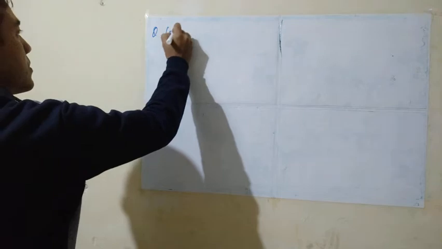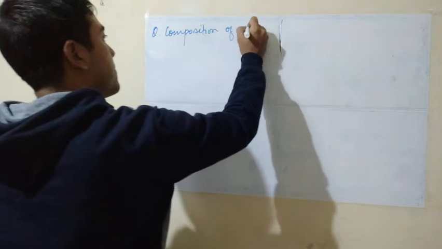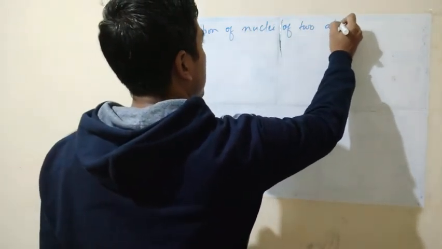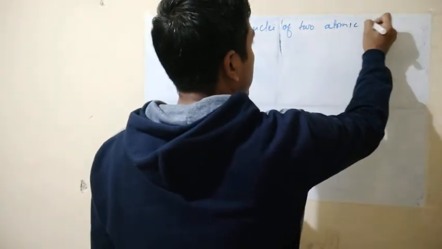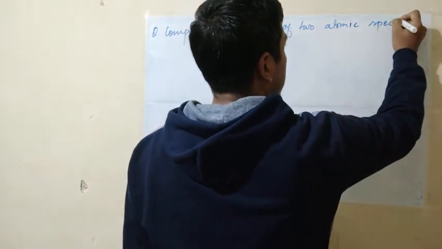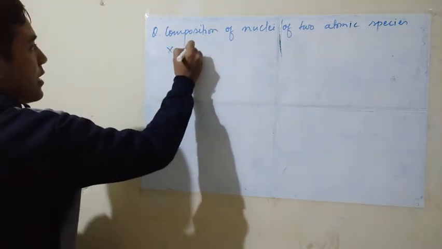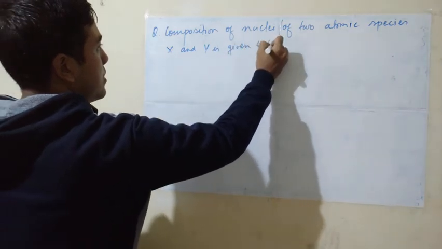Now look here. I'll give this question. Composition of nuclei of two atomic species X and Y is given below.